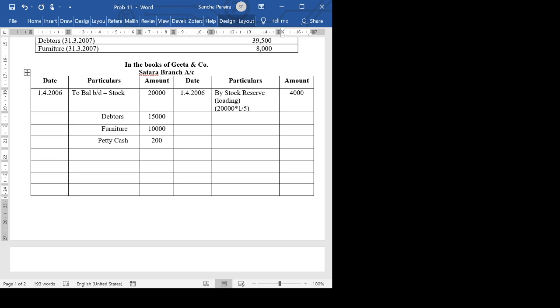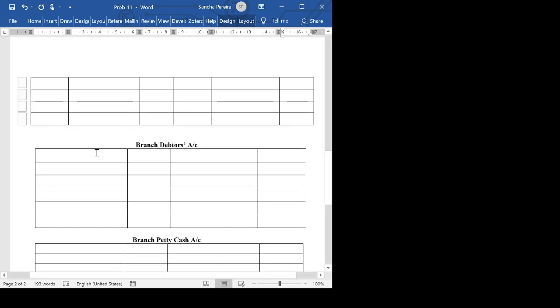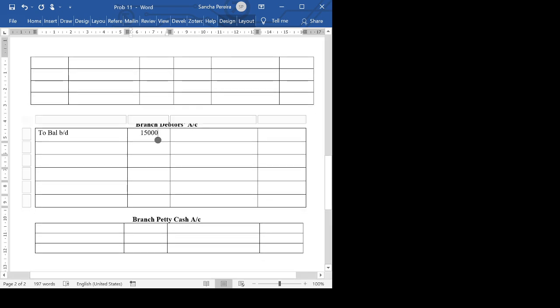Similarly, we have debtors and petty cash opening balance. 15,000 and petty cash is 200.